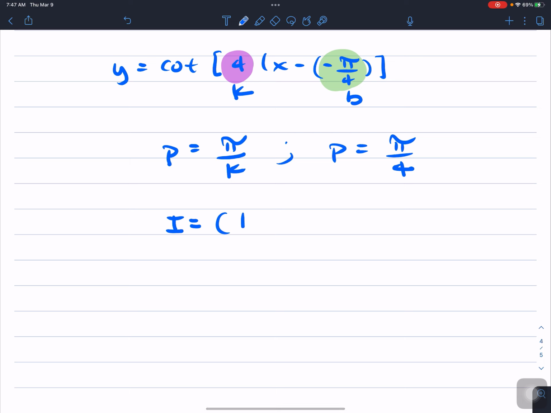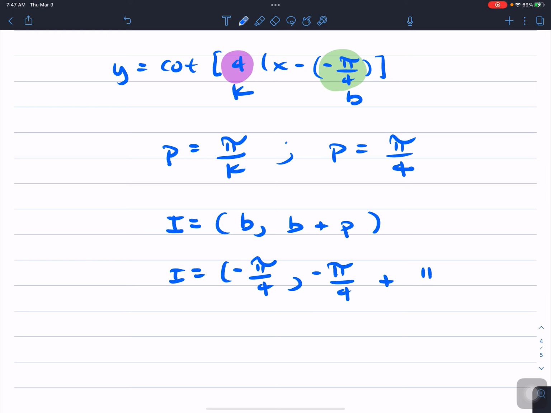This is B plus P. So that interval of one cycle becomes, what's the B value? Negative pi over 4. This will be negative pi over 4 plus my period of positive pi over 4. Is that right?